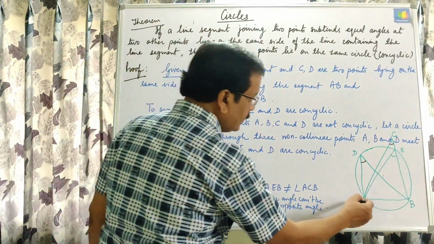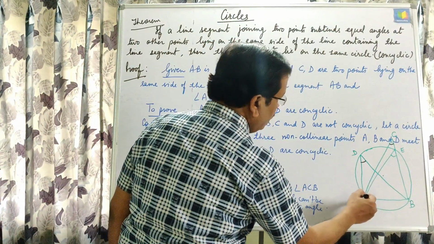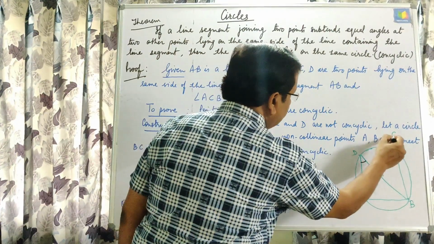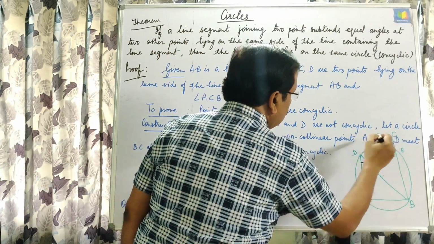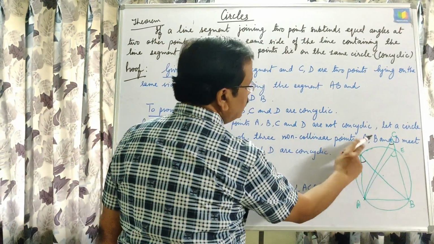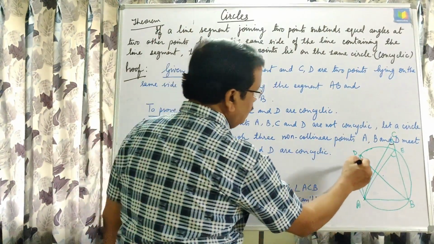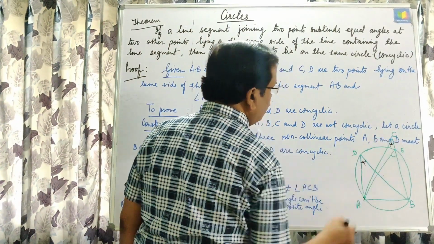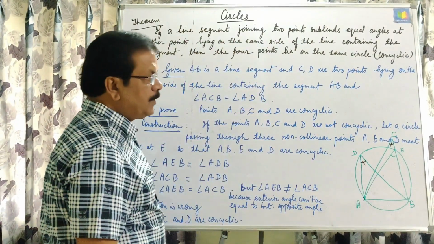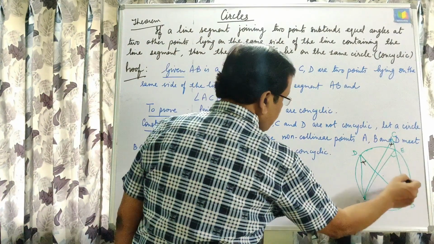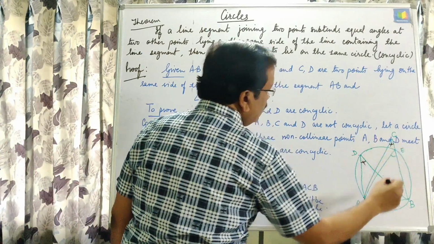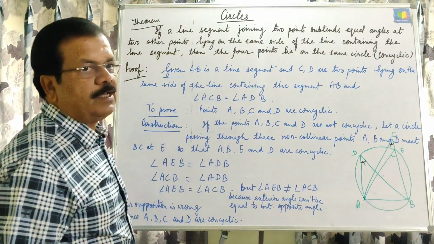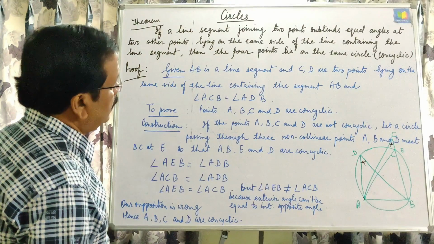Here we are given this line segment, and we are given that D and C are points lying on the same side of the line, and these two angles are equal. Then we have to prove that ABCD will be concyclic, means they will lie on the same circle.